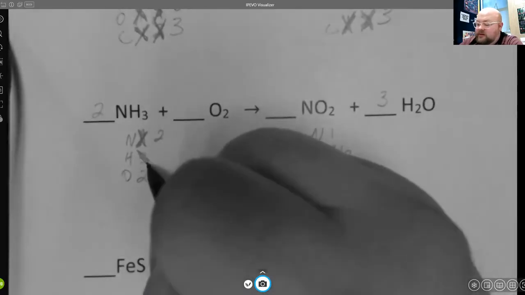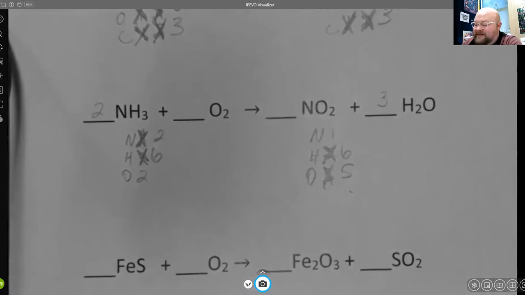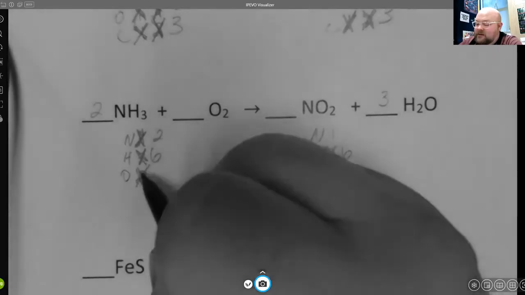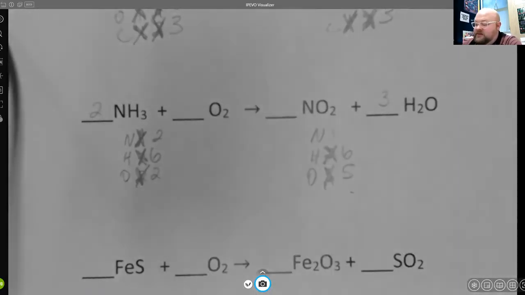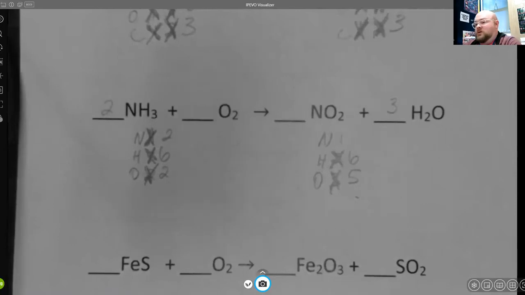That gives me 6 hydrogens. And that gives me, well, my O's actually stay the same. We can see already that doesn't work. Okay, well, what's the next thing that 2 and 3 can both go into? Well, we already tried 6. They can't go into 7 or 8 or 9 or 10 or 11, but they can both go into 12.